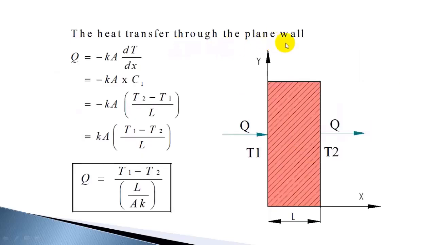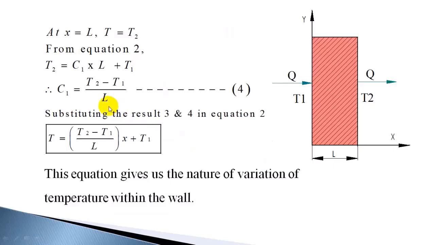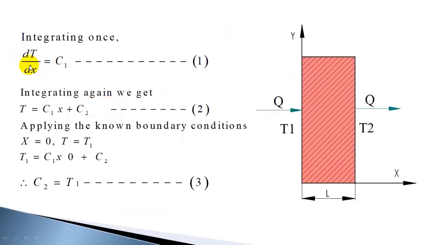Now the heat transfer through the plane wall per unit time, so that you can find out. We have that Fourier law of heat conduction. Q is equal to minus KA dT by dx, and we already know the temperature gradient. Temperature gradient dT by dx is C1. Starting, we got dT by dx as C1.